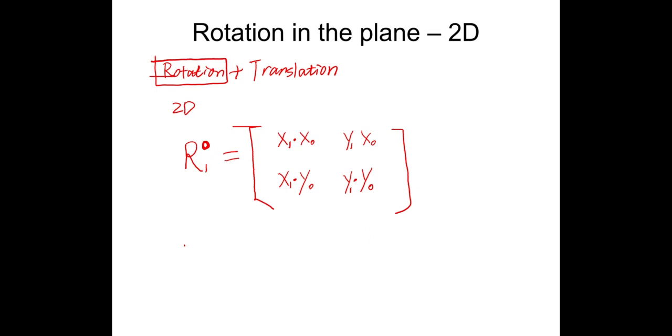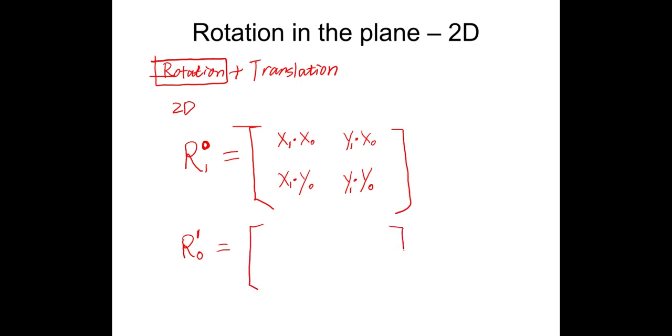Again, 0 is the reference, so here we have x0, y0, and here we have 1 and 1. That means 1 projected to 0, and x0, y0 is the base. So how about R01? If it's R01, now 1 is the reference.